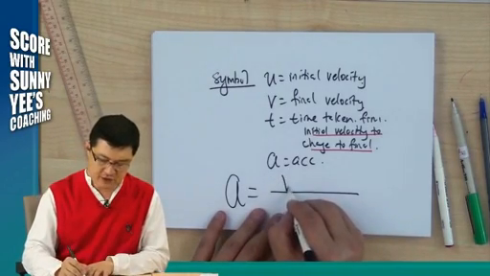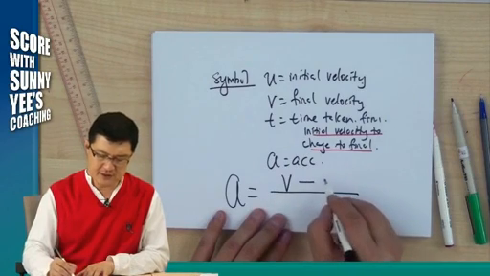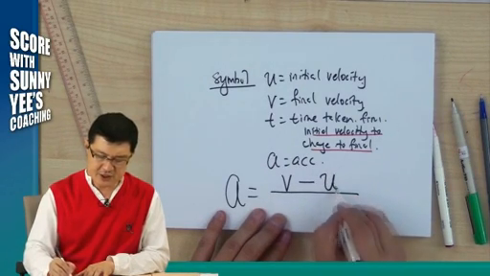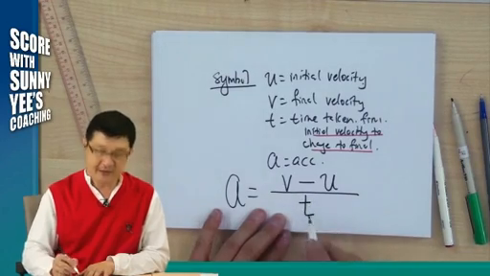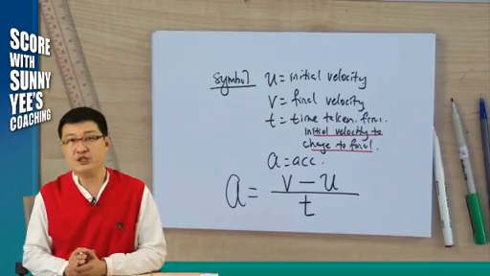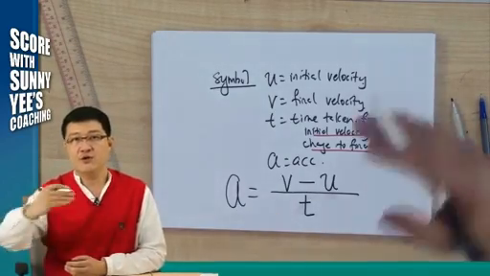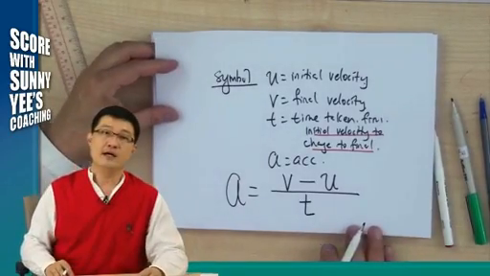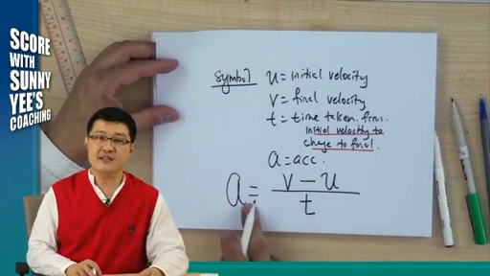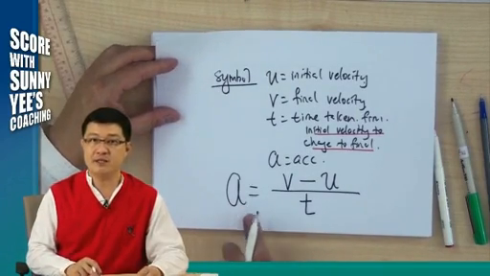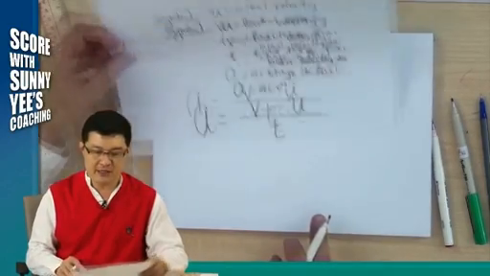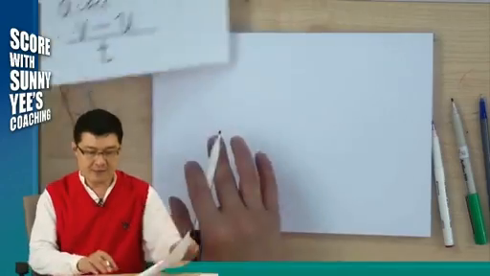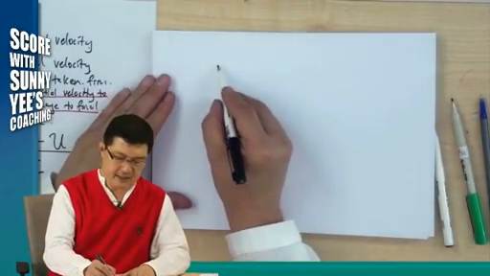So the change in velocity will be the final velocity minus the initial velocity, divided by the time taken to change from the initial velocity to the final velocity. Okay? Now, the way to find the acceleration by ticker tape is also the same method as by calculation. Watch.